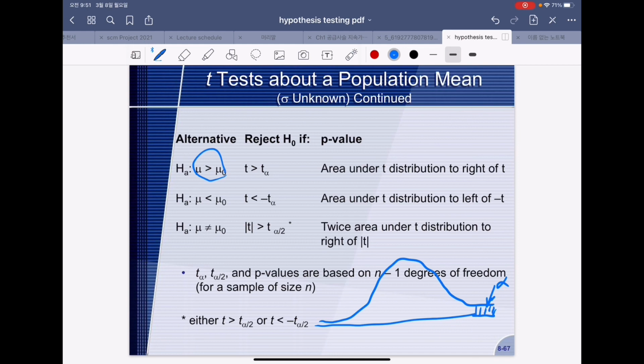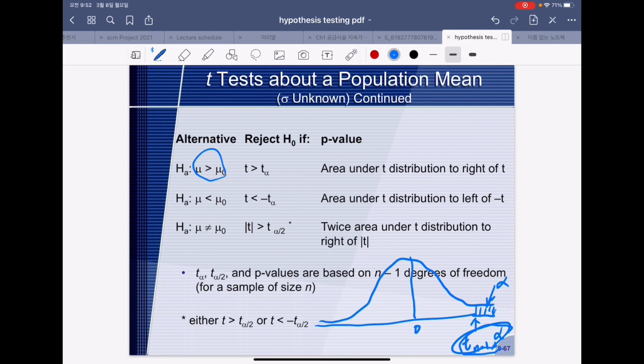And this is t, which depends on n minus 1 degrees of freedom and the alpha. Once you find the rejection region from the t table, you compute the test statistic and compare it with this critical value. If the test statistic is greater than this one, then you reject the null hypothesis, right?